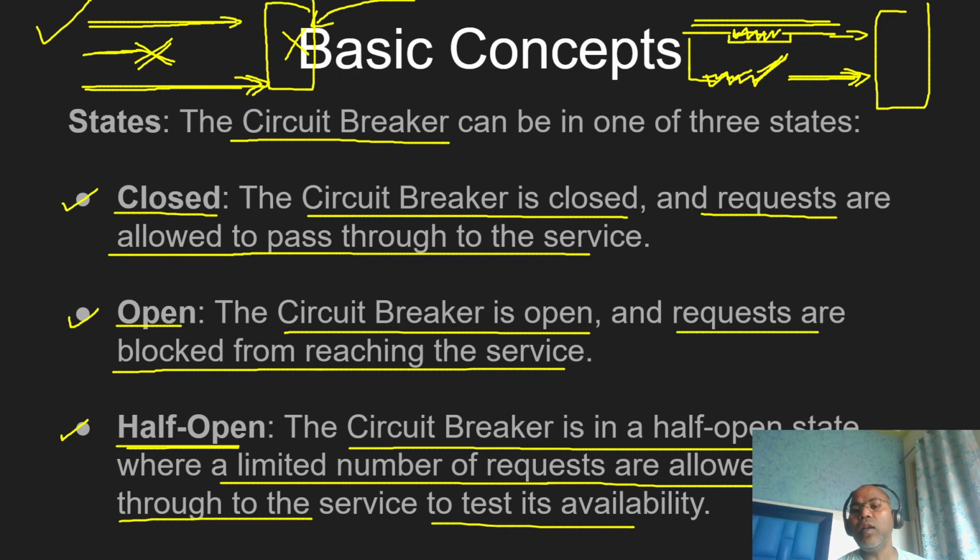In the half open condition, they have some attempt condition. Let's say request one, two, three; you have configured that after three attempts, I am going to try again and check whether this node is repaired or accessible. If it is still not responding properly, then it waits for the next retry.